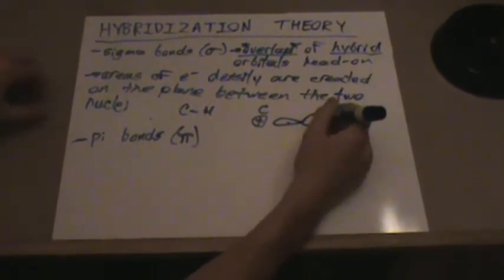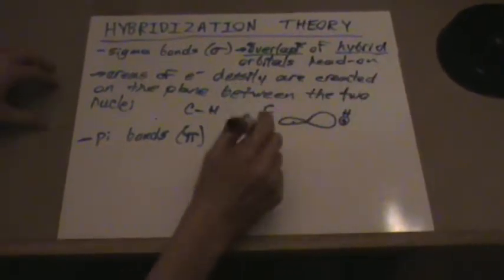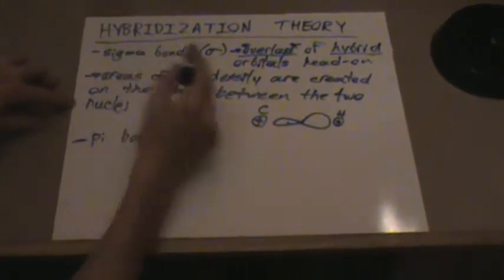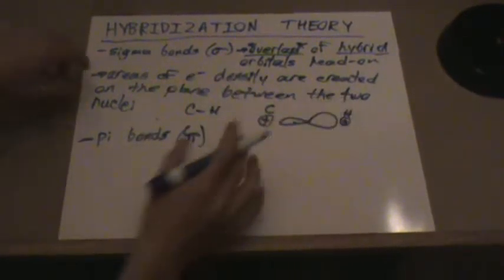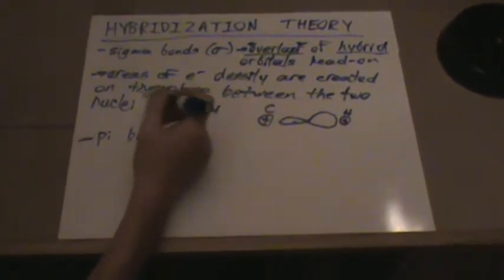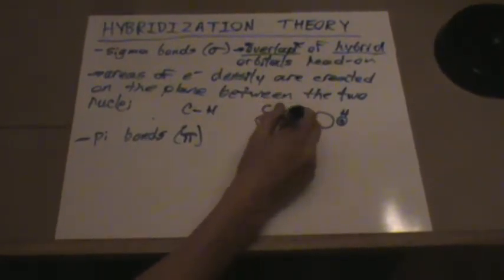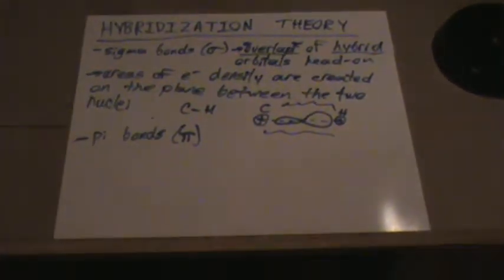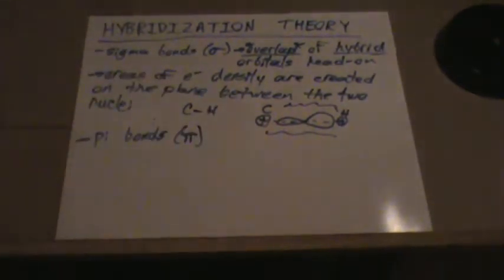And somewhere in this area, the electrons are most likely to be found. And so for sigma bonds, the areas of electron density, where the electrons will be found, are on the plane between the two nuclei, which means they aren't above, they aren't below, they are right directly on the plane of the bond. If we're talking about the straight line here, they are right on this straight line.